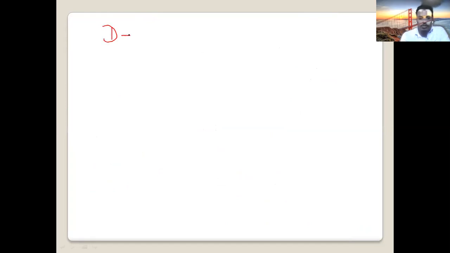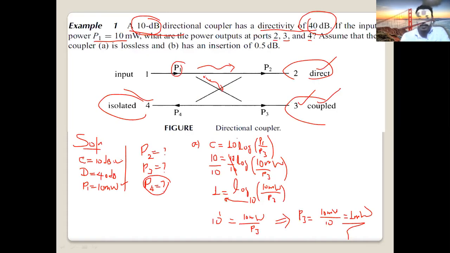Directivity is equal to, what is the formula? 10 log of P1, the input power, divided by P4. Okay, so how much directivity is this coupler?